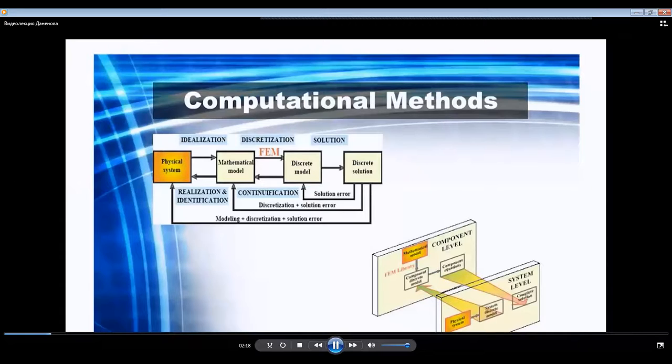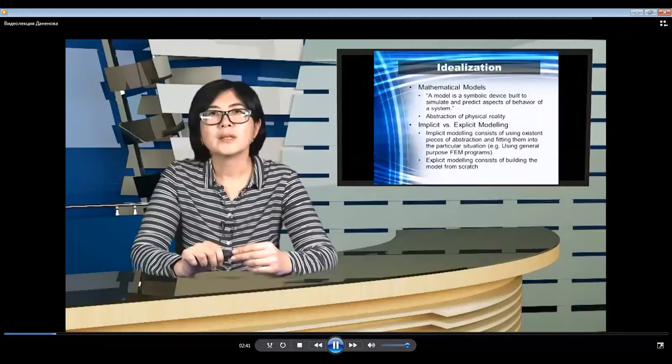Scientists and engineers model reality using mathematical tools and then use computers to compute solutions for the given problem. This process can be summarized in the following picture. You can see it on your slide.